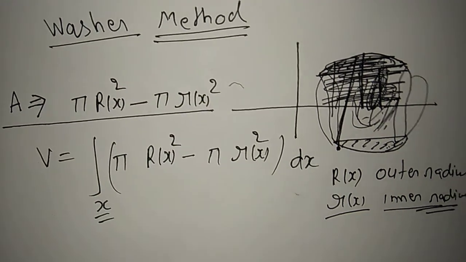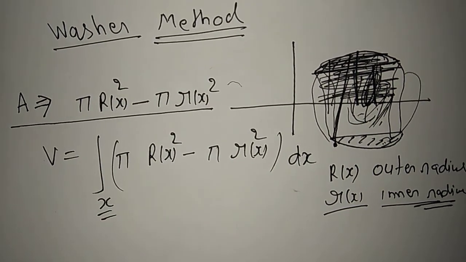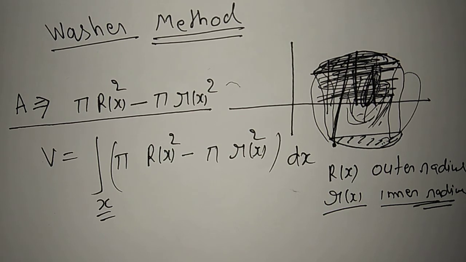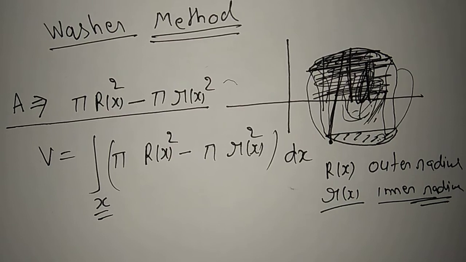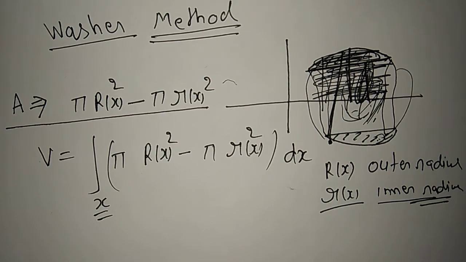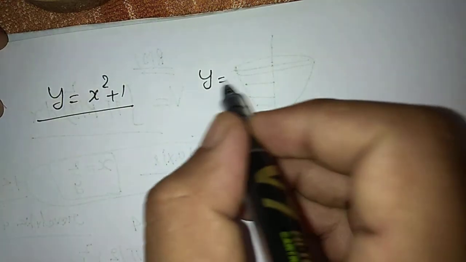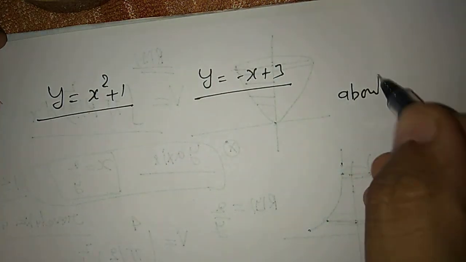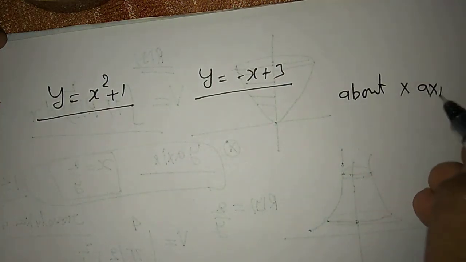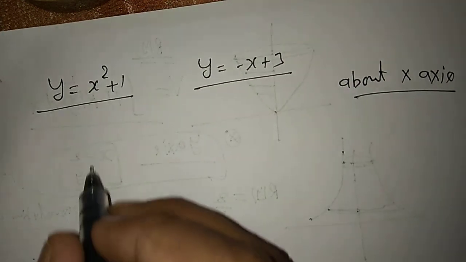I'll take one problem in which we are going to rotate a region which doesn't involve the axis. So the question is: rotate the area bounded by y equal to x square plus 1 and y equal to minus x plus 3 about the x-axis.